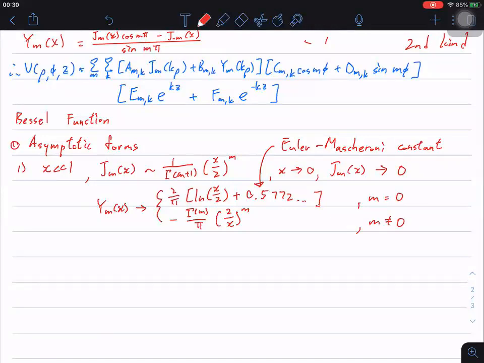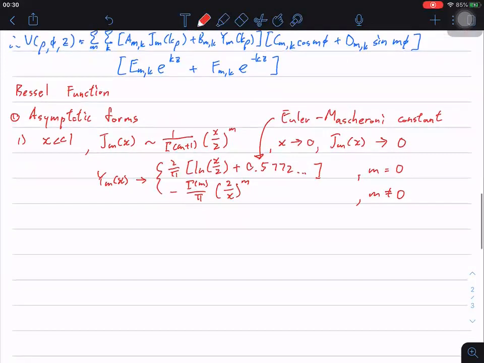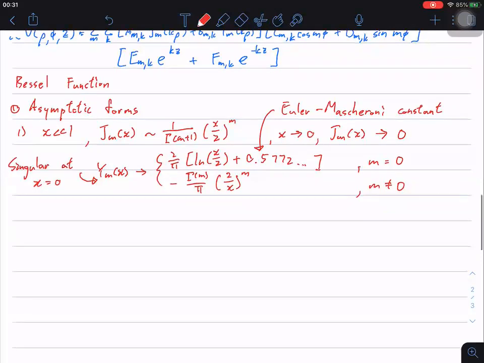You can see from the second one that the Bessel function of the second kind actually is singular at x equal to 0. Okay, so that's the first asymptotic behavior.